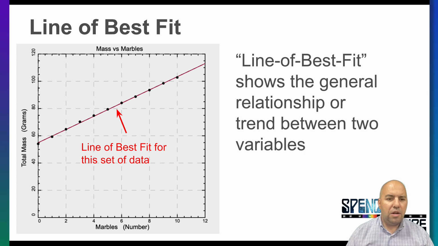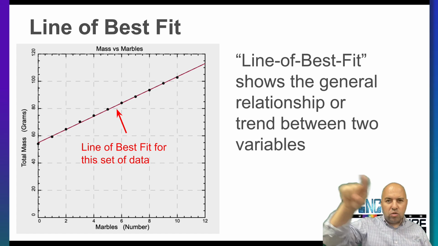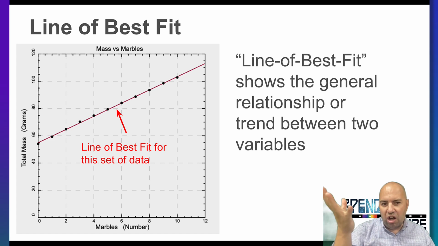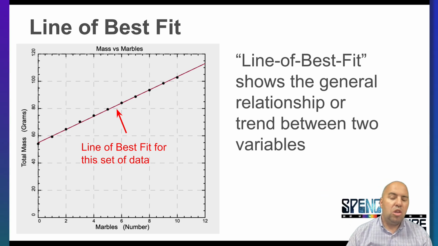And if you were to draw a line that goes through the middle-ish of all of these dots, you would get what's called a line of best fit. That line shows us a general relationship between those two variables. So what we see is as you increase the number of marbles, the total mass also increases. But we want to be a little more specific with that.